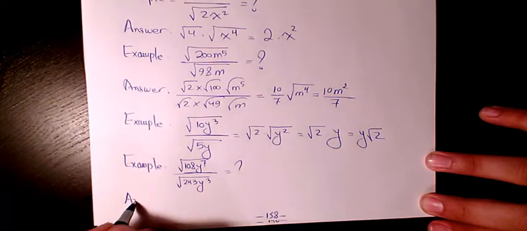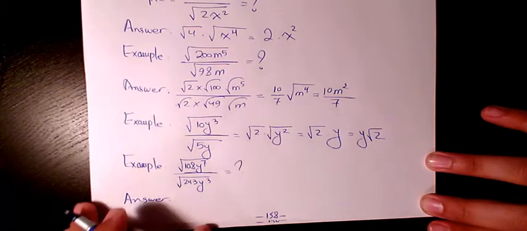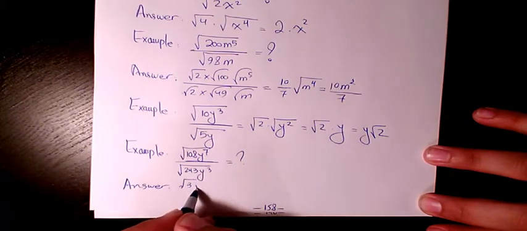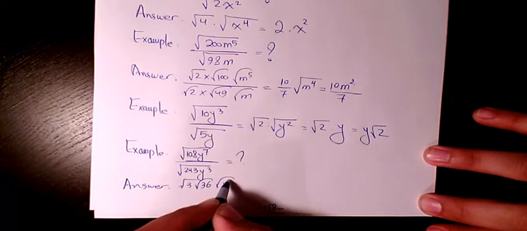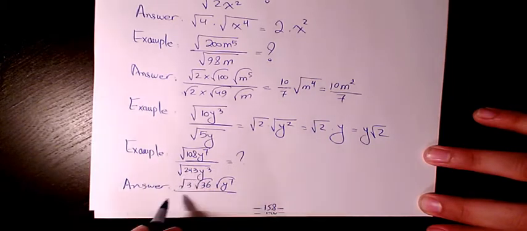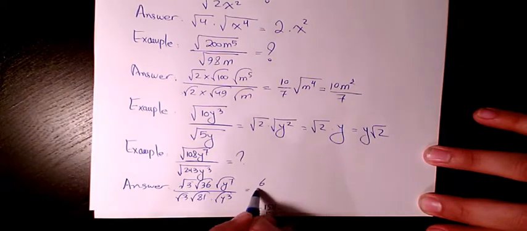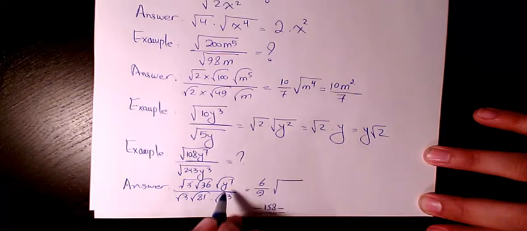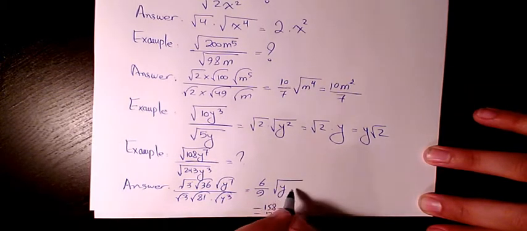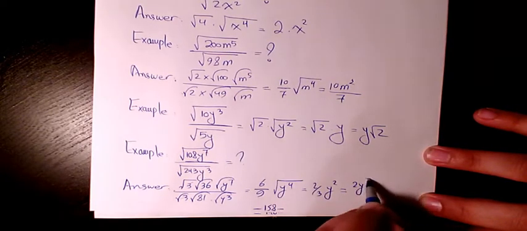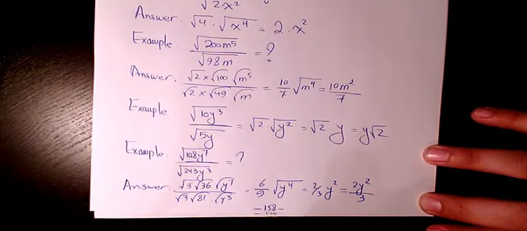The answer is: this one is 3 times 36 times y to the power of 7. 243 is the square root of 3 times 81 times the square root of y to the power of 3. These two cancel out. It will be 6 divided by 9. The square root of y to the power of 7 divided by y to the power of 3 is y to the power of 4. Then it will be 2 over 3 y to the power of 2, or 2y squared divided by 3. That's the final answer.